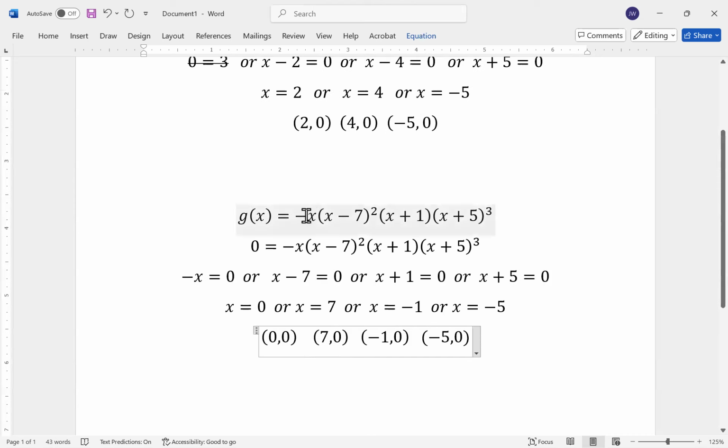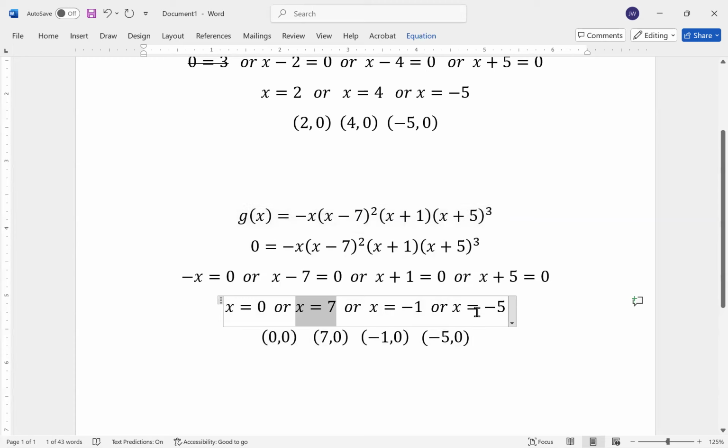If you multiplied out g of x, the degree of this would be 7, and we ended up with 4 x-intercepts. This would be a degree 7 polynomial if you multiplied it out. A lot of times people will say the 0 of 7 has multiplicity 2 because the factor of x minus 7 showed up twice.